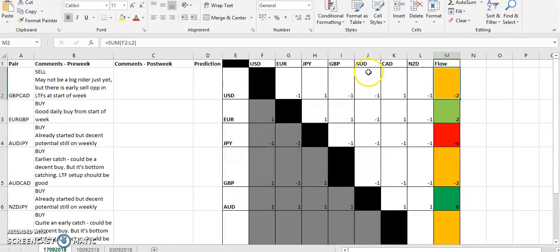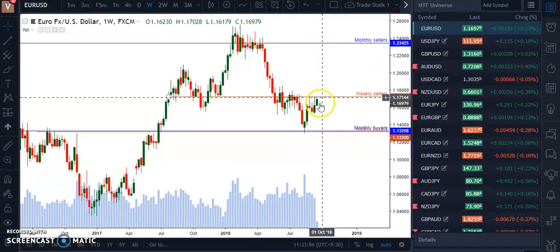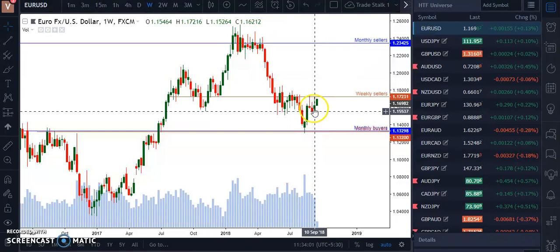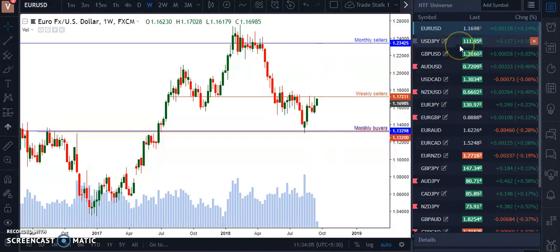Next weekly candle, which way is it going to go? So for example, if I have a -1 here, that means I anticipate USD to be a bit weaker against the euro, meaning I anticipated that this would go up a little bit from this week. I looked at last week and I thought this would go up. So this is the current weekly candle going up. That seems to be working.